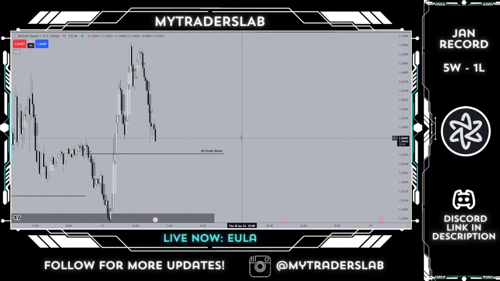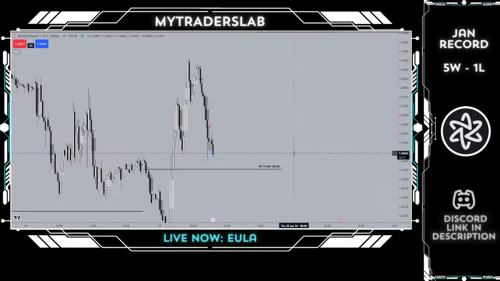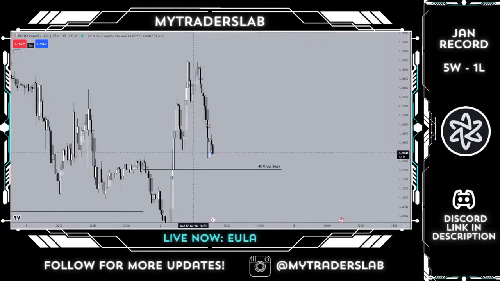So on this 4-hour order block, we have about 1.5 hours to go. I hope to see some form of a sign of a reversal here. Yeah, the low got taken out already.